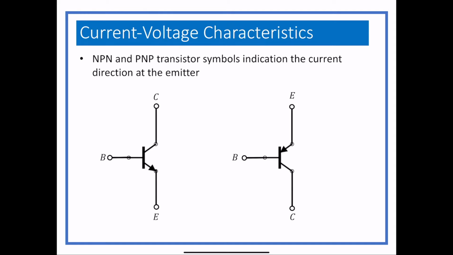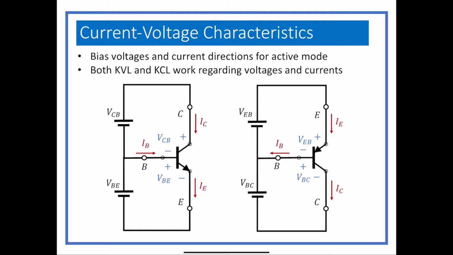So first of all, when you put these into a circuit and you power them so that you have the base emitter junction forward biased and the collector base junction reverse biased, you can do that with two voltage sources.